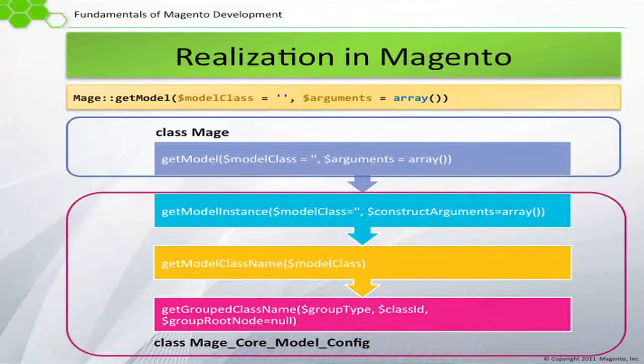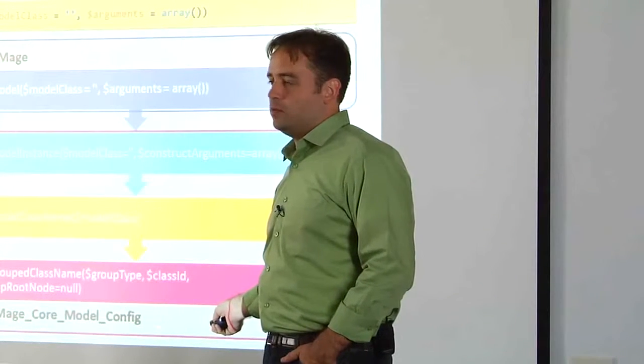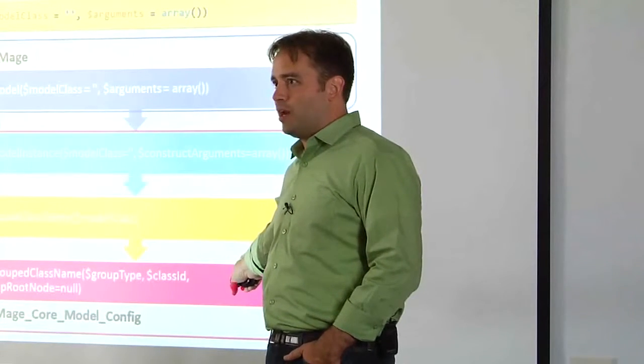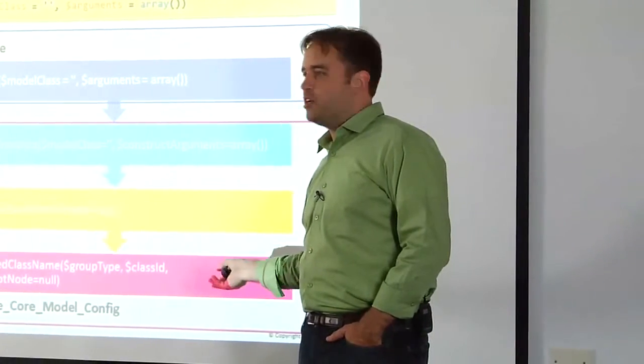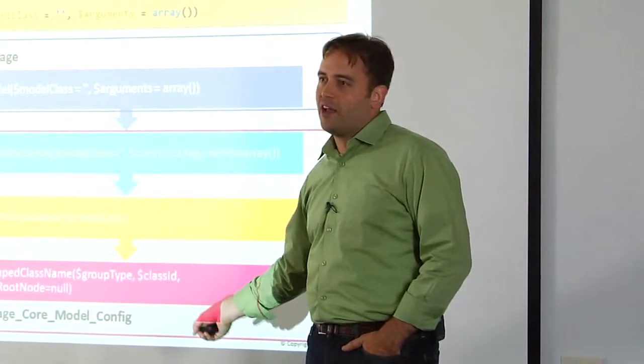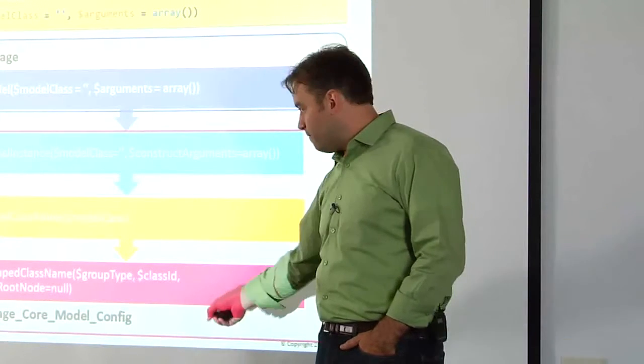So again, we actually added this line in here, Mage::getConfig model. This is where you can see this happening. Class Mage actually dips down into the configuration model. This is a perfect example of what I was saying about how Magento interfaces with that configuration. With this class right here, if you ever have any question about the structure of nodes, you can find your answer here.